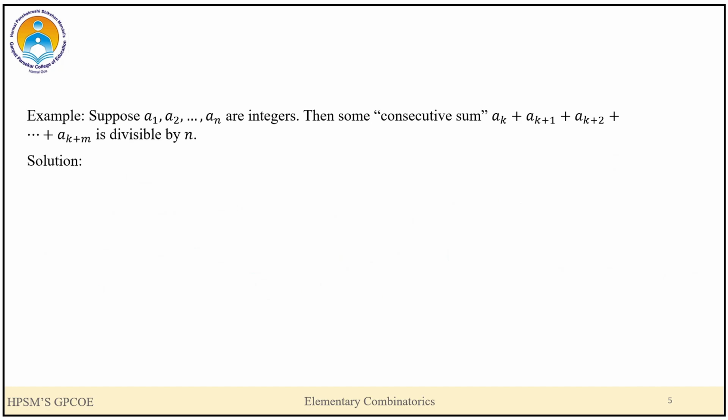Let us look at one more example which has got mathematical nature. Suppose a1, a2 up to an are integers, then some consecutive sum a(k+1) plus a(k+2) up to a(k+n) is divisible by n. Again, for this example, we are going to apply the basic pigeonhole principle.